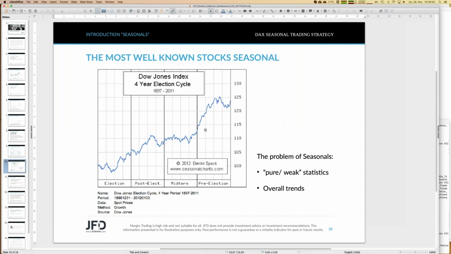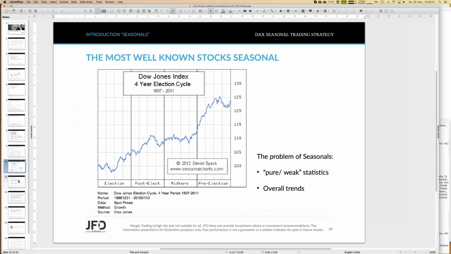So that's the same we see here during those 4 years. So we have that overall trend, especially in indices or in commodities like gold, oil, that we have a principal trend to the north because of fundamental other reasons. And therefore, it's really hard to get good statistics here.